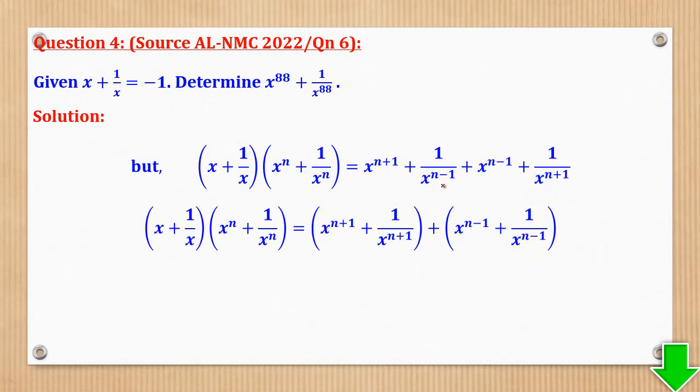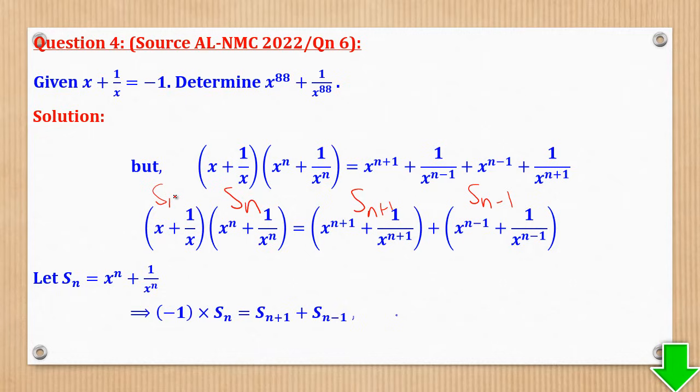What does that mean? It means that if Sn represents x power n plus 1 over x power n, it implies that this one now becomes S power n plus 1, this one S power n minus 1, this one S power n, like that. This one, if you want, you can write it as S1 because the power is 1.